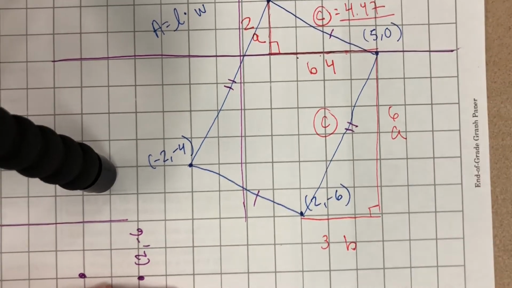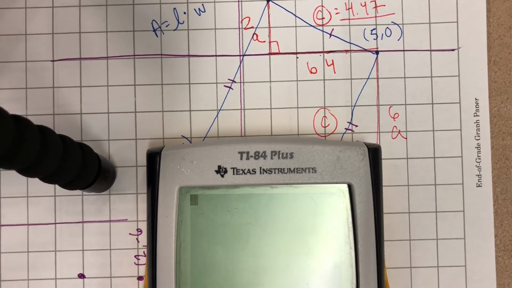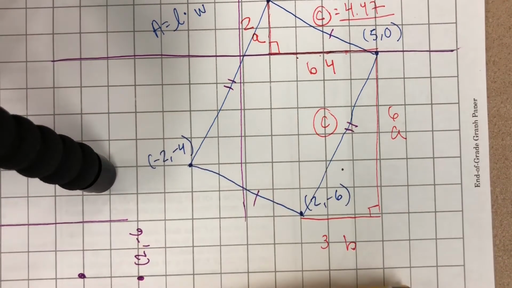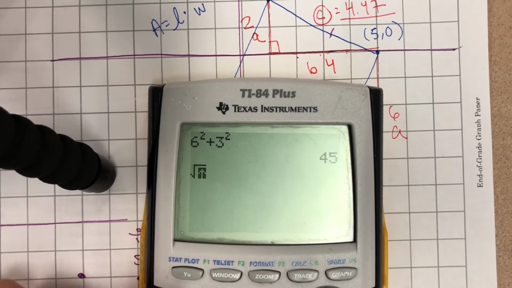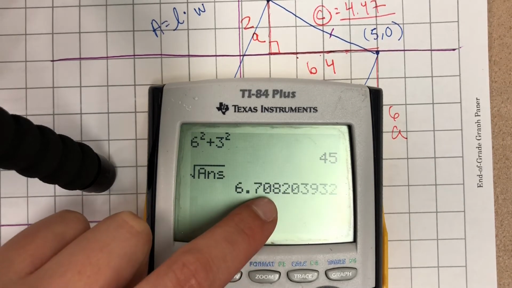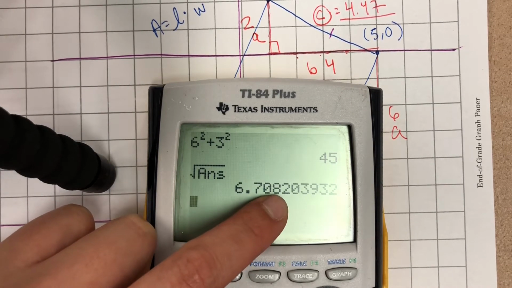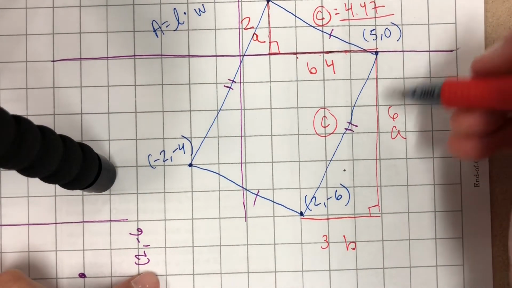I can figure out C using the Pythagorean theorem. So A squared, 6 squared, plus B squared, which is 3 squared. Find that, and then I do the square root. 6.7, and I'm going to round this 0 up to 1 because there's an 8 there. So 6.71. And that is for this side.